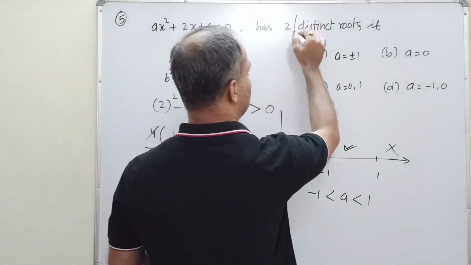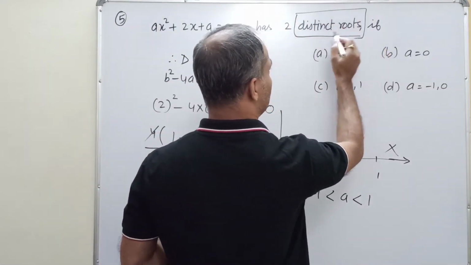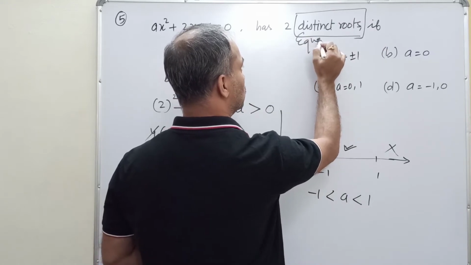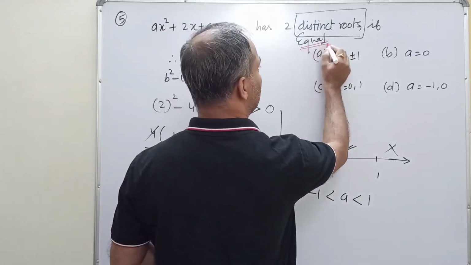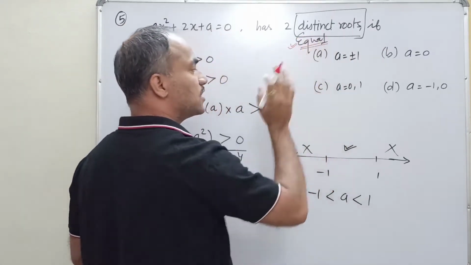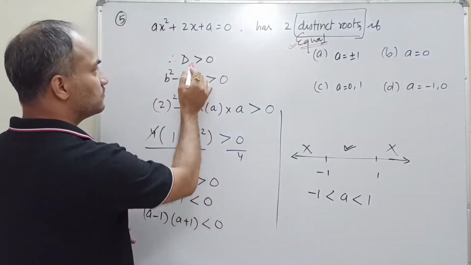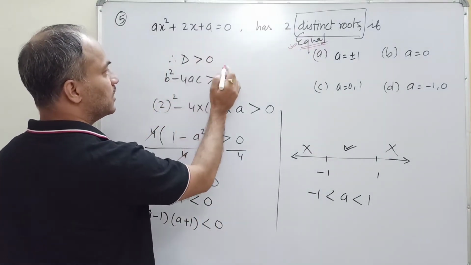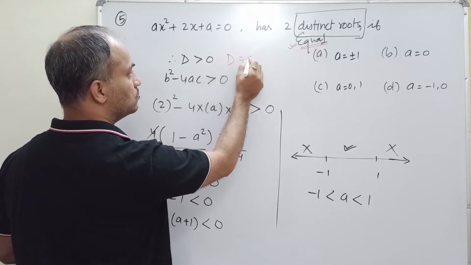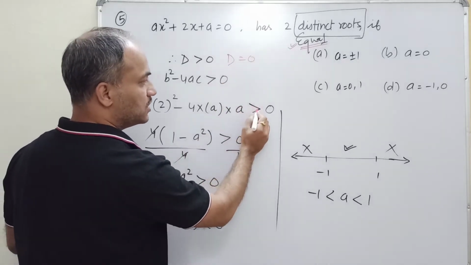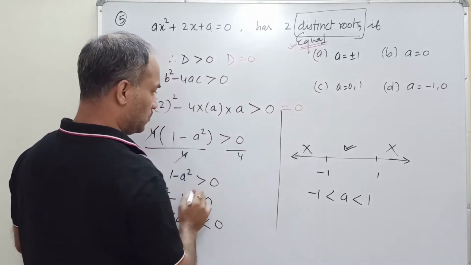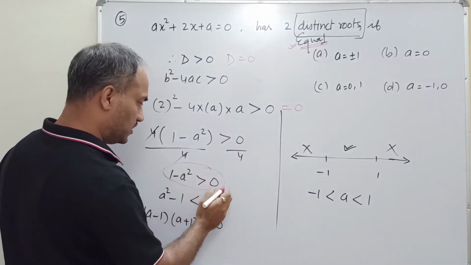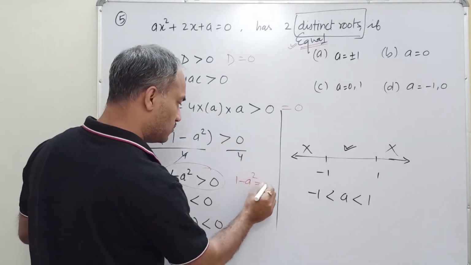In place of distinct roots, it should be equal roots. Okay, roots should be equal. Okay, this condition should be there. So it means we have to put, instead of this sign, D is equal to 0. So this thing should also come equal to 0. And from here we get 1 minus a square equal to 0.